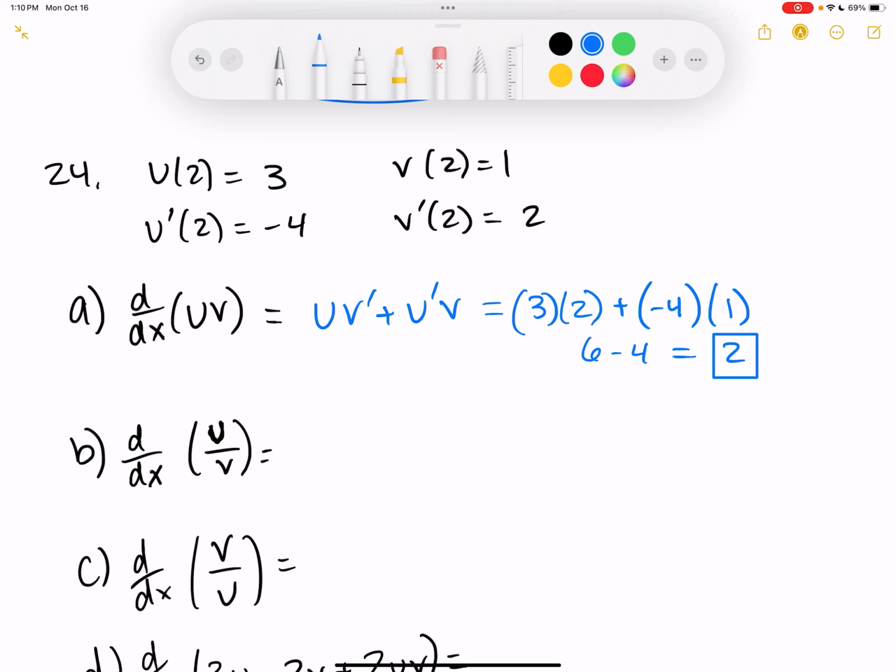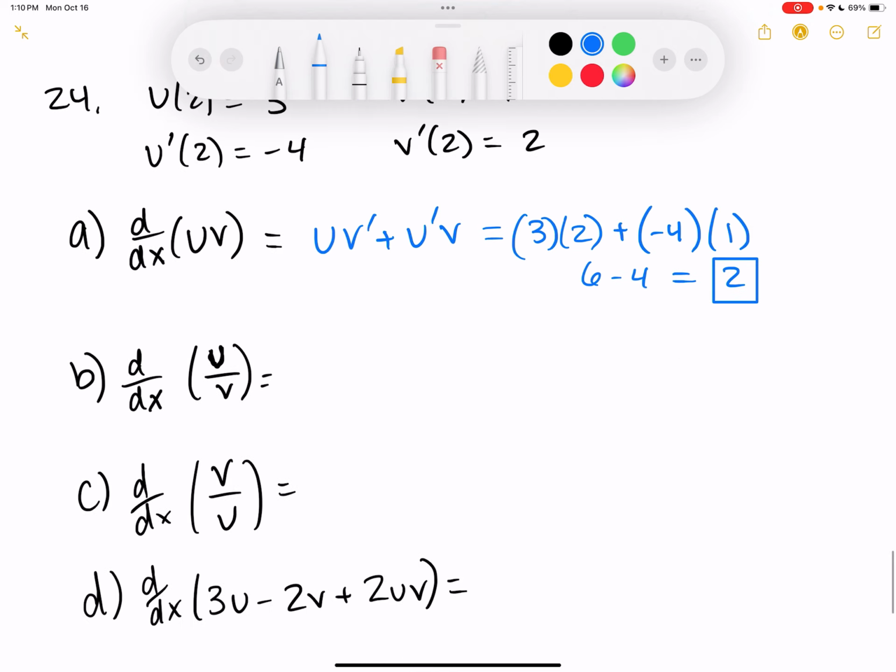Okay. So, because obviously it's U over V and then V over U. So, U over V, this is going to be our normal formula that we have for U and V. So, U prime V minus U V prime over V squared.